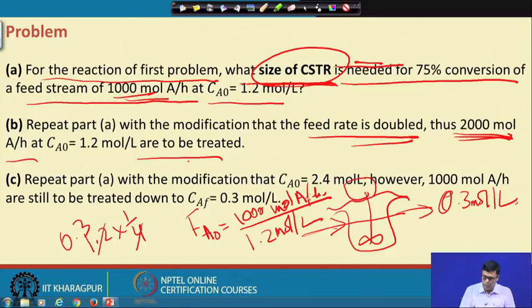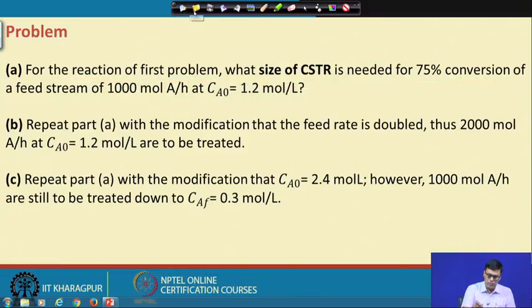Now, the next problem: the CA0 value was 1.2. If you increase it to 2.4, but the FA0 flow rate is the same, then what will happen to the size of the reactor? So, we want to solve the problem in a different way and find out how it affects the process.